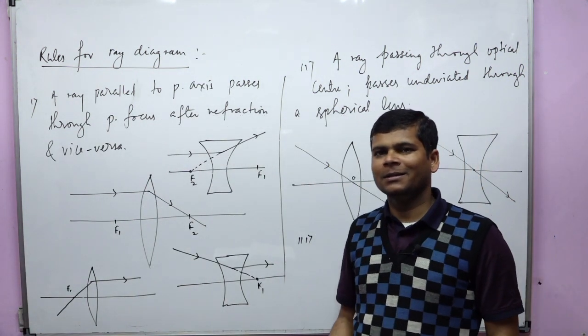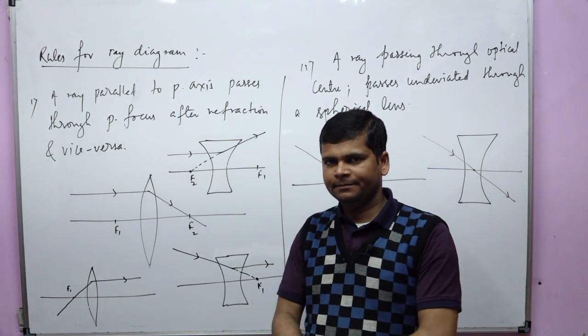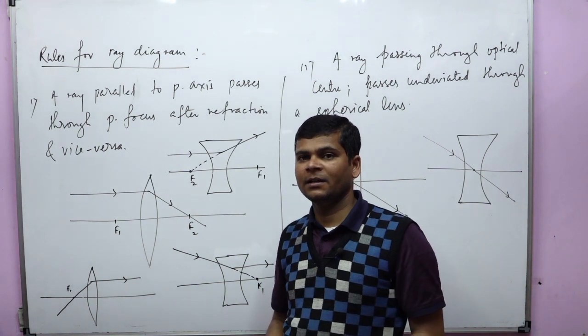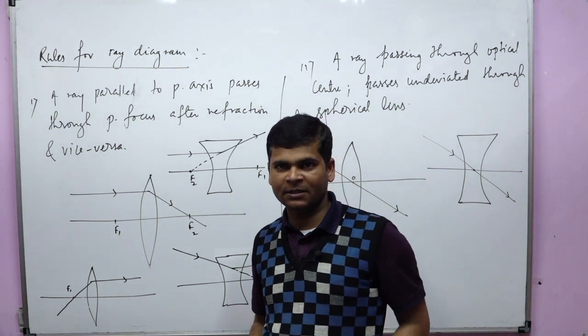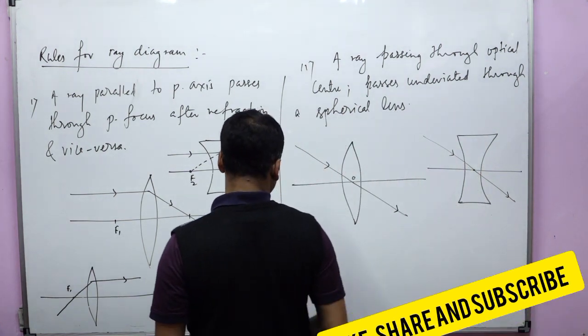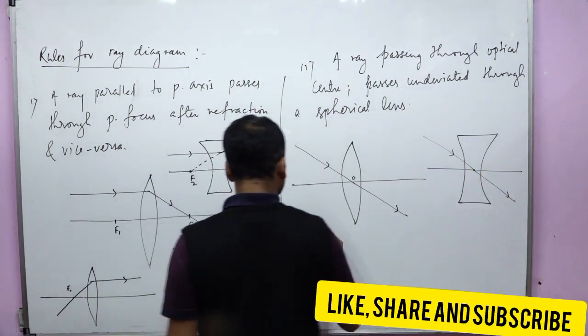In general you have to believe that a spherical lens behaves like a set of prisms. Let us consider what happens in case of a prism.